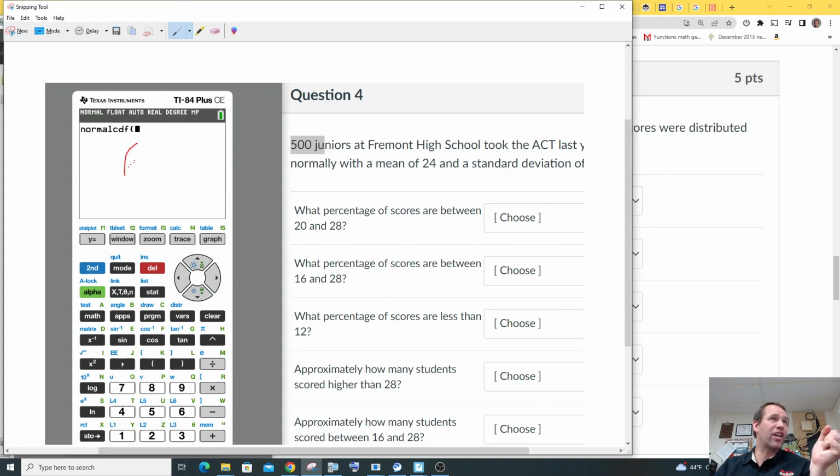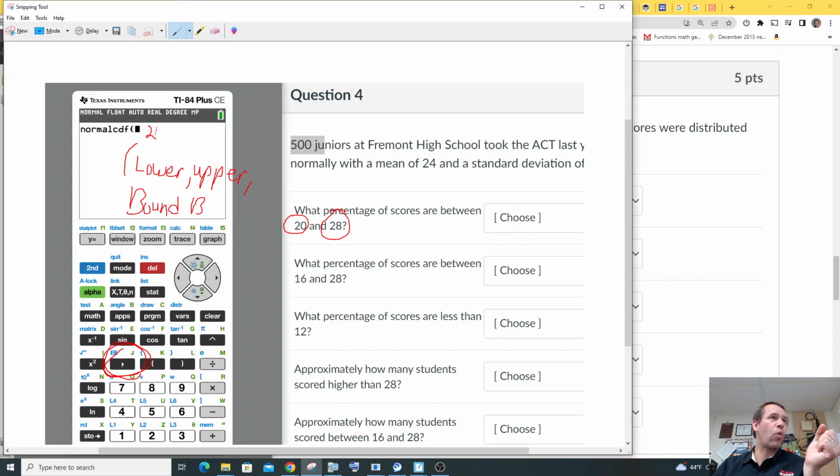It first asks for the lower bound, which in this case is going to be 20. Then it asks for the upper bound, and your comma is above the 7, so use that to type it in. Our upper bound is going to be 28.